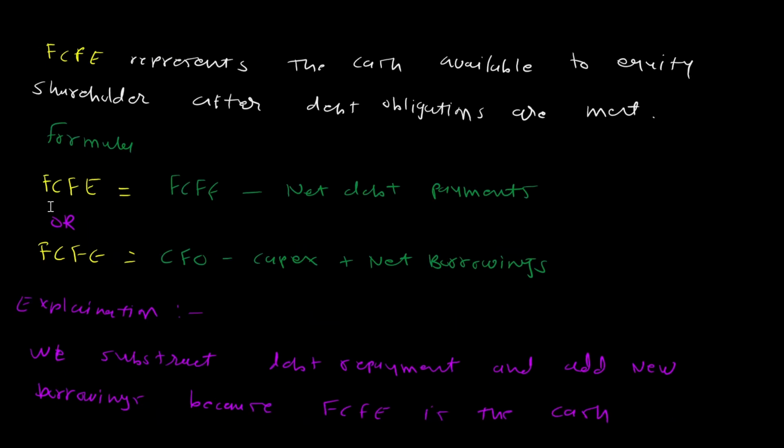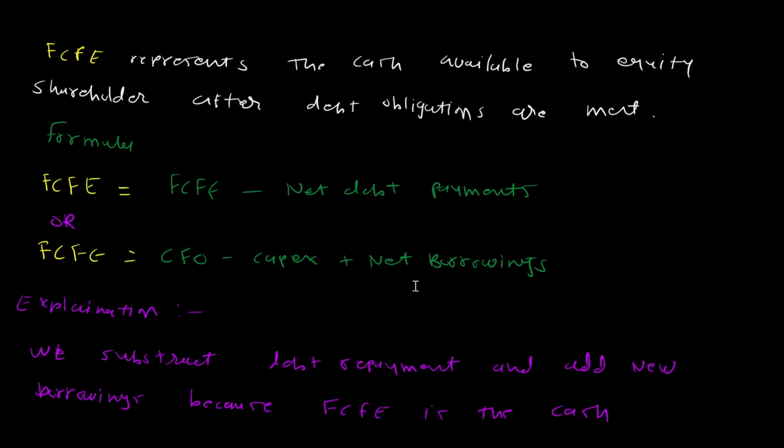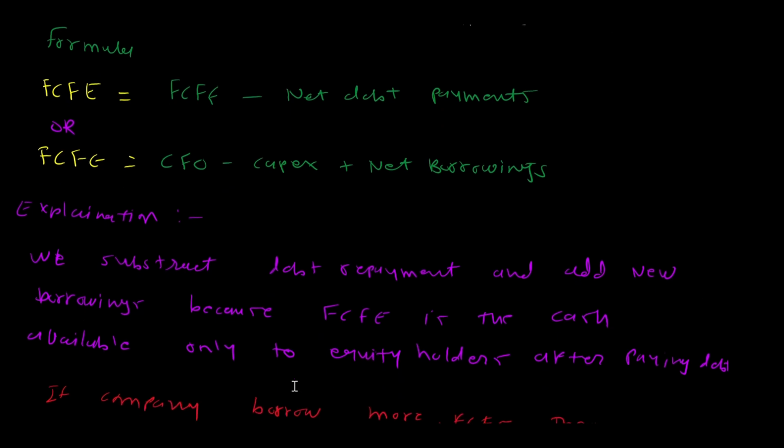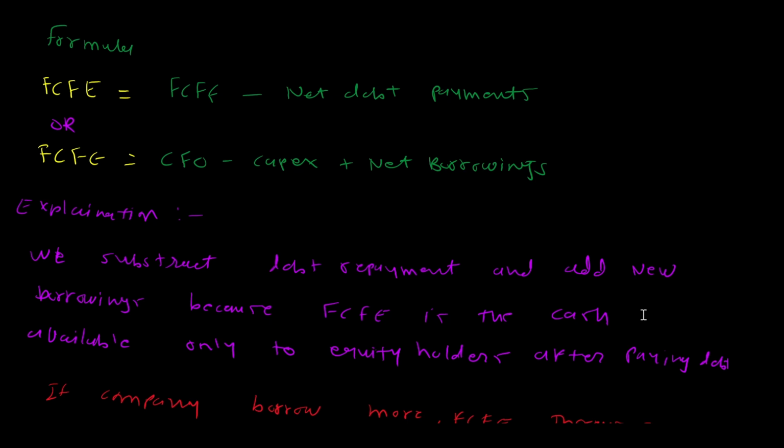Another formula is CFO minus capex plus net borrowing. Net borrowing means new loan taken minus old loan paid. So we subtract the debt repayment and add new borrowing, because FCFE is the cash available only to the equity holders after paying the debt.